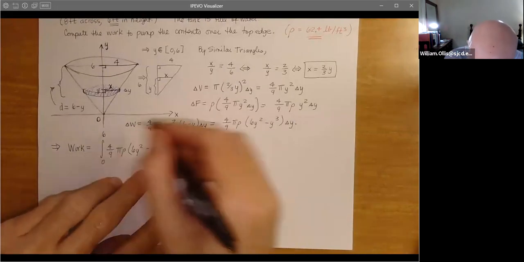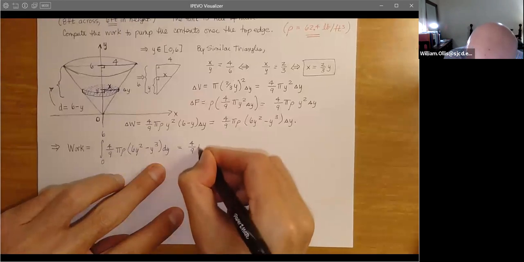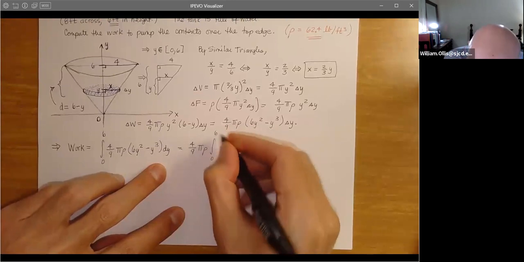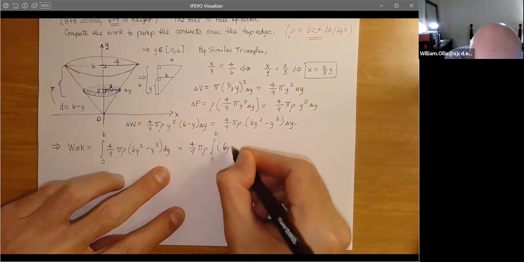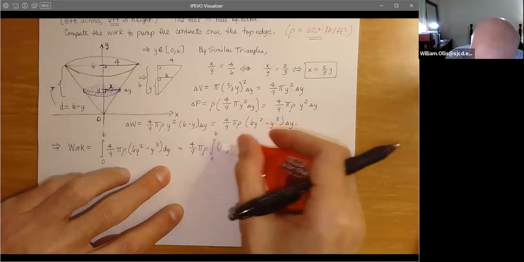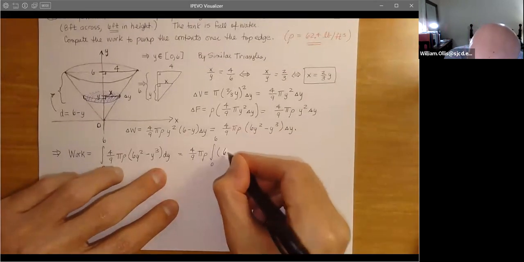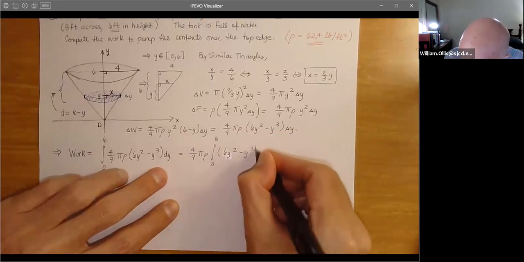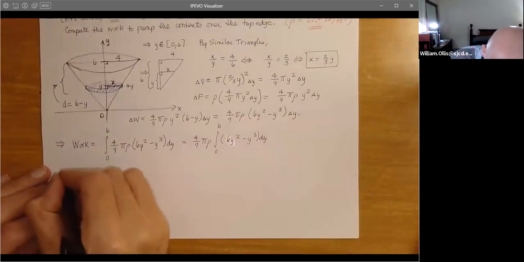So now let's go ahead and clean this up. Let's factor. So we have 4/9 pi rho integral 0 to 6, 6y squared minus y cubed dy. So now we're going to add 1, divide by the new power.